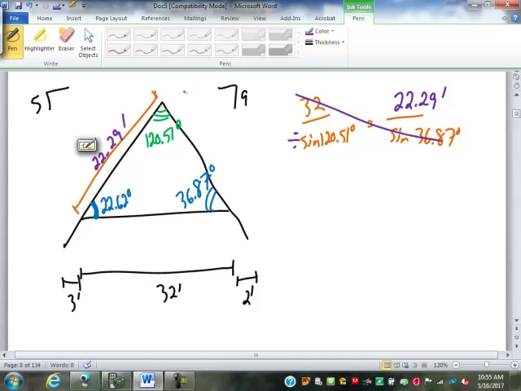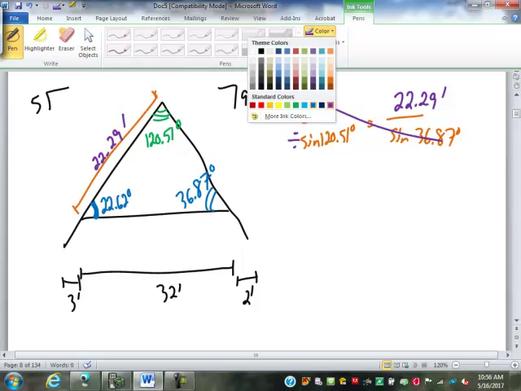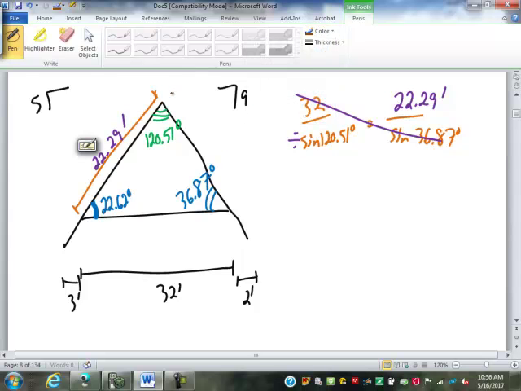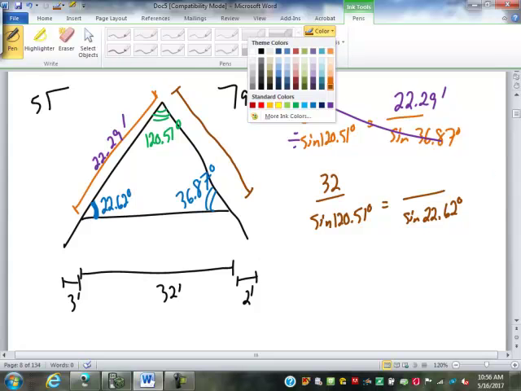Now that is not the length of that roof because I do have the overhang. No, I cannot add 3 feet to that. Now we're going to find this one over here. Our setup should be the same. 32 over the sine of 120.51 equals that length over the sine of 22.62.